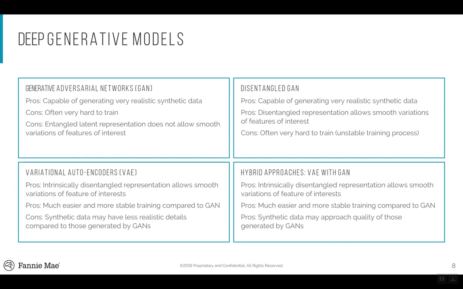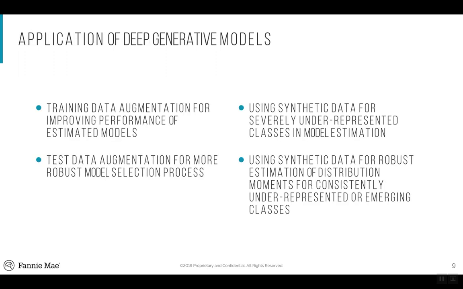So what are the applications of deep generative models? For some image classification problems, when the input image set is not large enough, deep generative models can be used for data augmentation to create more images.